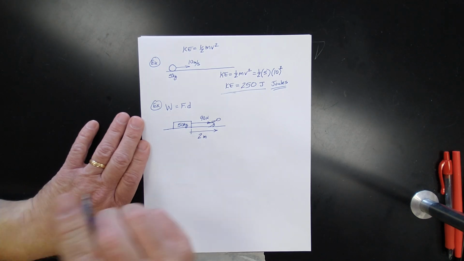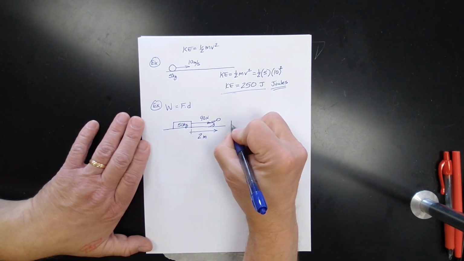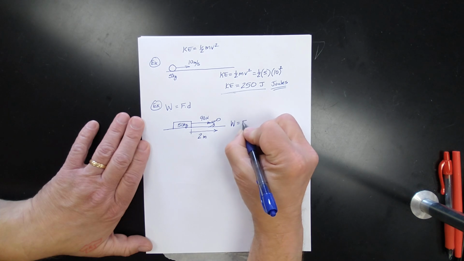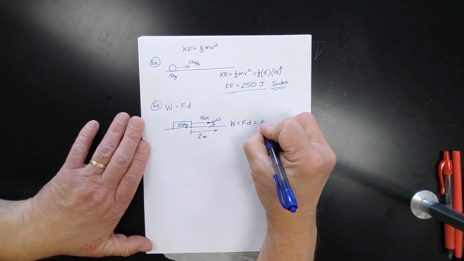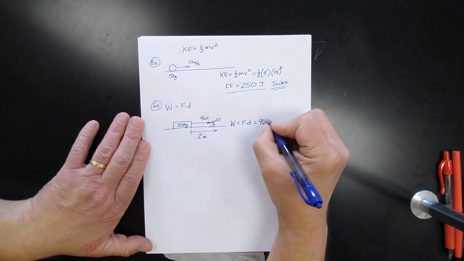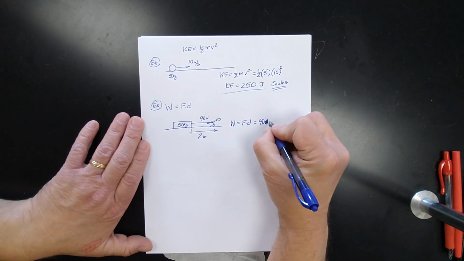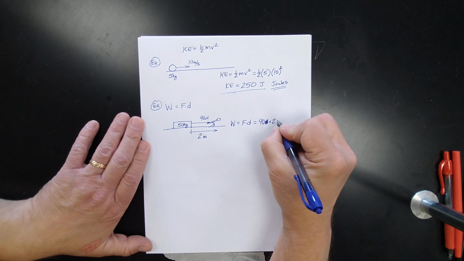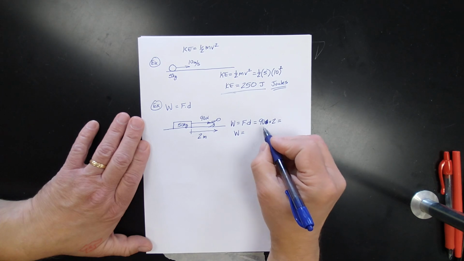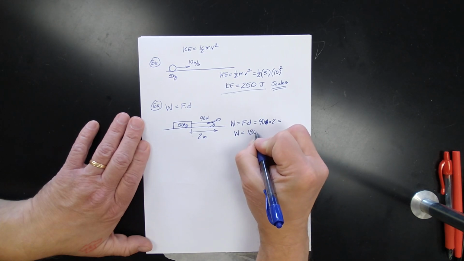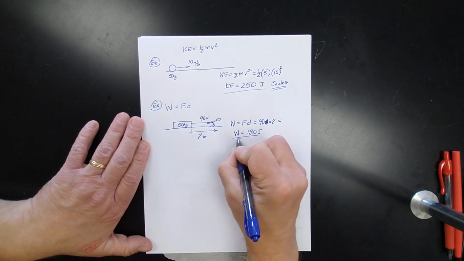How much work is being done? Well, work's really easy. Work is equal to force times distance. The force you exerted was 90 newtons times 2 meters. So work is going to be equal to 2 times 90, 180 joules of energy.